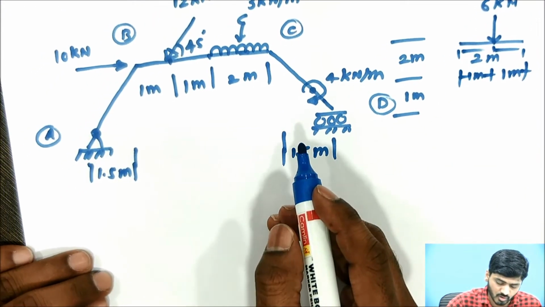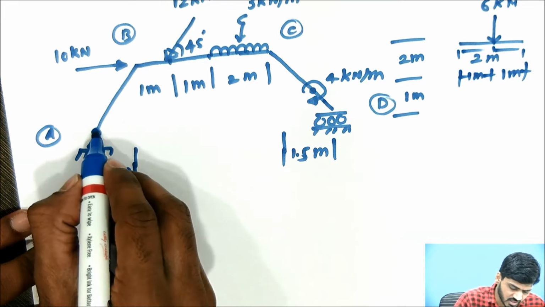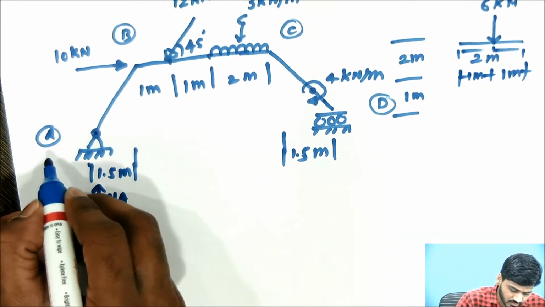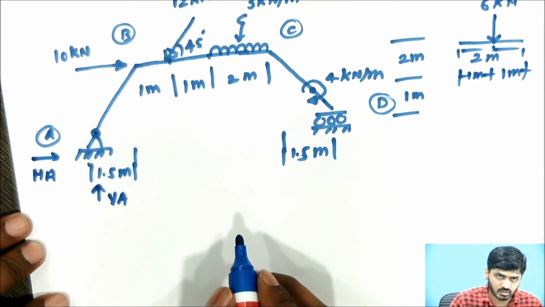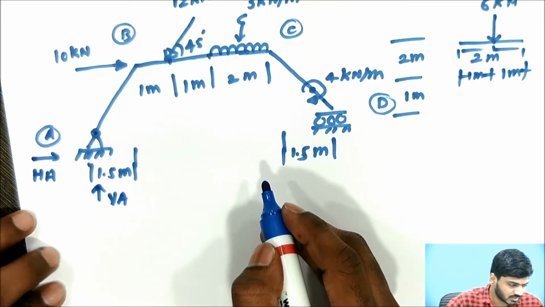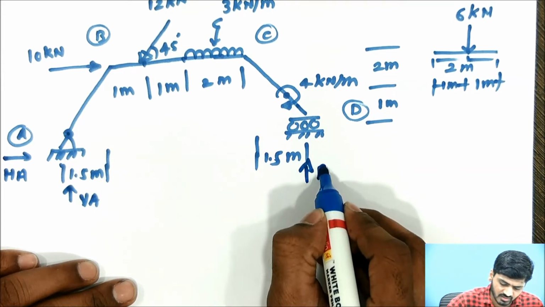We are showing the point loads, replacing the supports with reactions. This is the hinge support, so one is VA, and in the horizontal direction one, that is HA. These two reactions are present, normal reactions. Next, the roller support is present, and only one reaction is there, that is your RD.